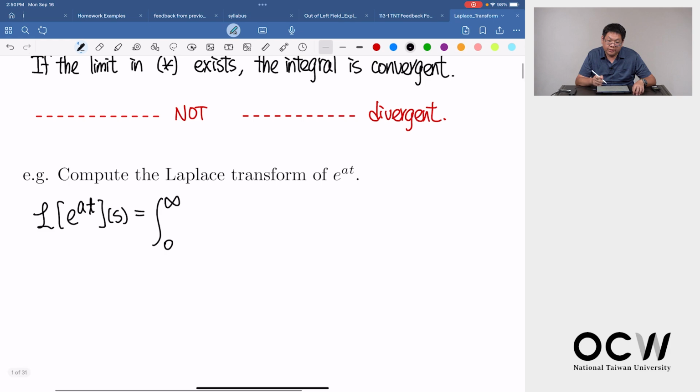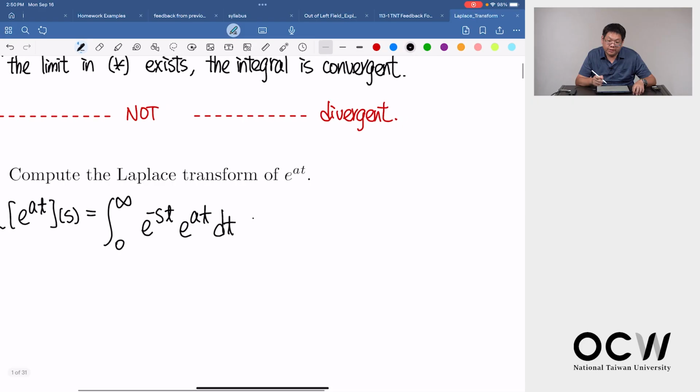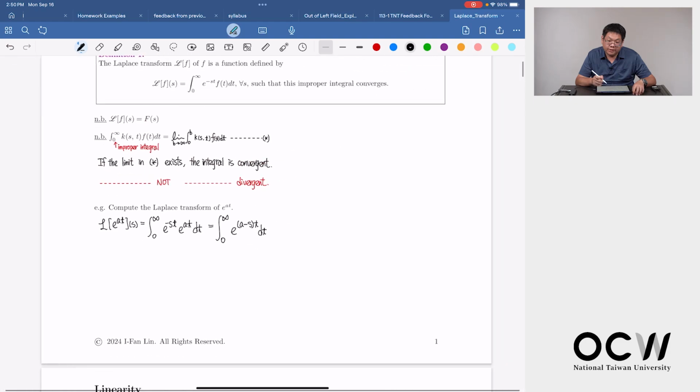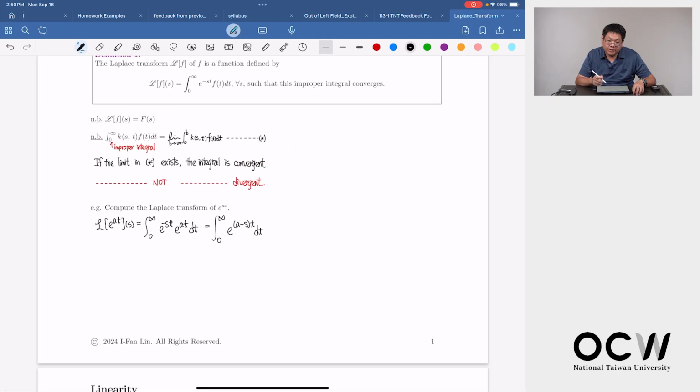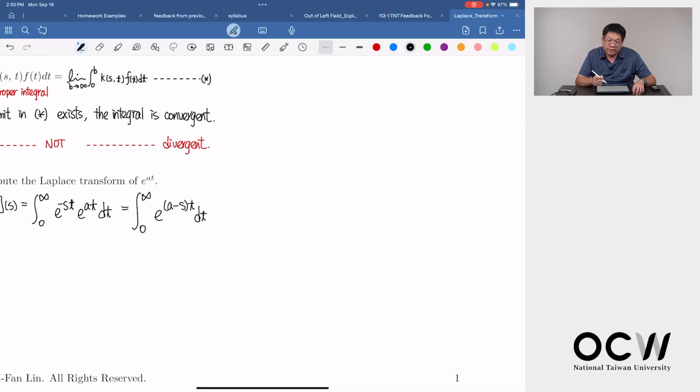That means I do the integration from 0 to infinity, e to the minus st, and the function here is e to the at, dt. That is e to the (a minus s)t.